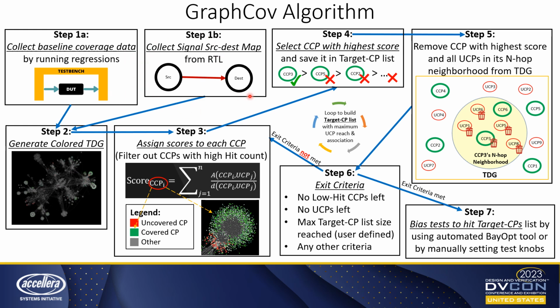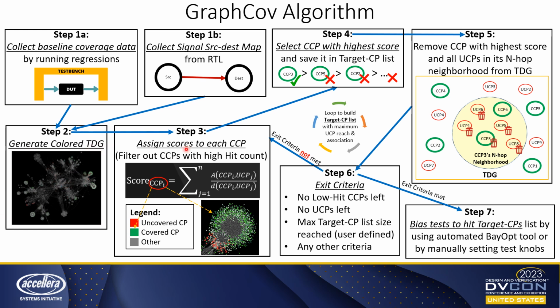Next, we use the NPI commands provided as a part of the Dhodhi package to parse the RTL and create the signal source destination map. This has information about which signal is being driven by which other signals and so on. Once these two steps are done, we combine the information from them to generate what we call a colored trace driver graph, and we showed one example of this trace driver graph in a previous slide.